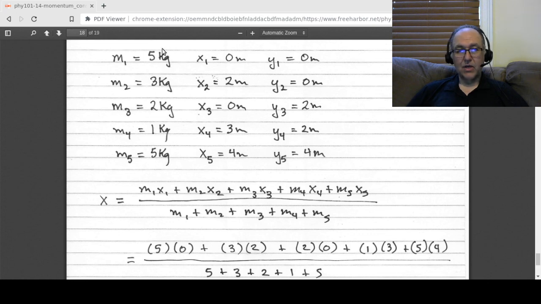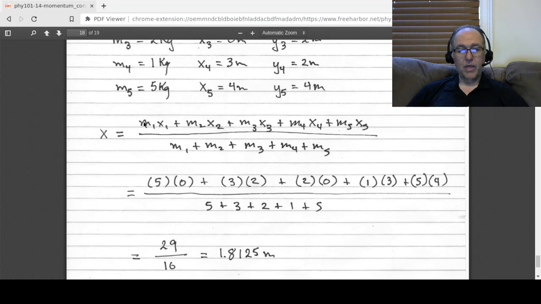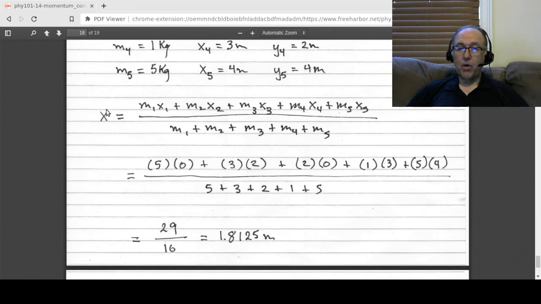You plug in the masses for the m's, and only the x components. Ignore the y components, they don't come in yet. The x components are 0, 2, 0, 3, and 4. We work that out, and we get that the x component of the center of mass is 1.8125 meters.